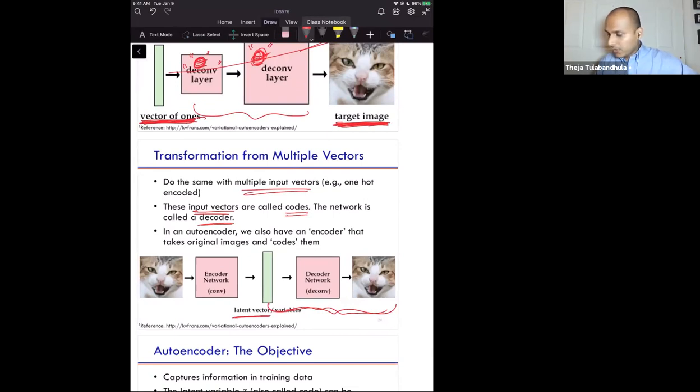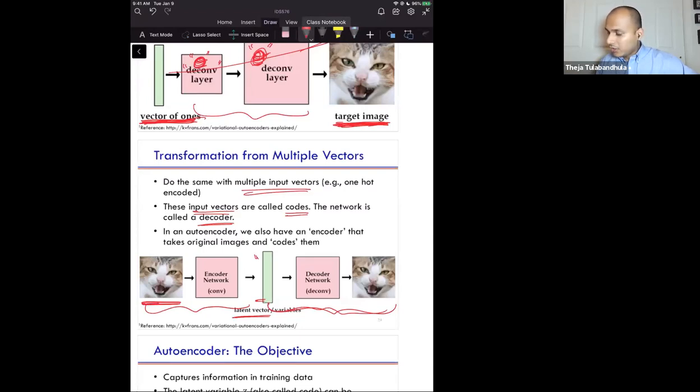Now what we can do is think of the opposite operation. The opposite operation is something that we have been doing many times over the past few lectures, which is going from an image to a vector. If you use ResNet 18, it already has pre-trained weights and will give us some sort of a good vector. But you don't have to think of pre-trained networks here.